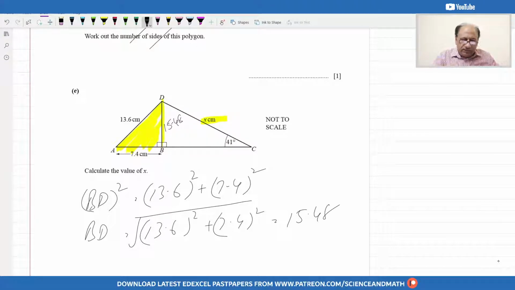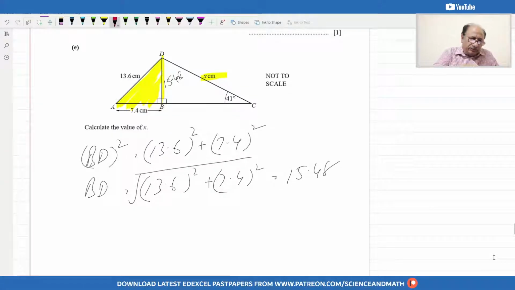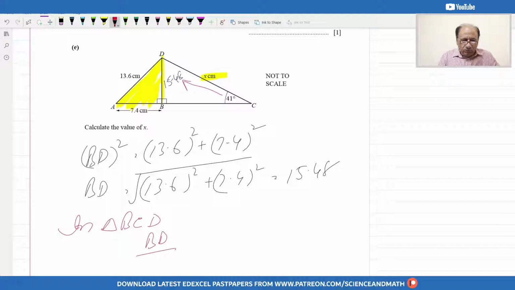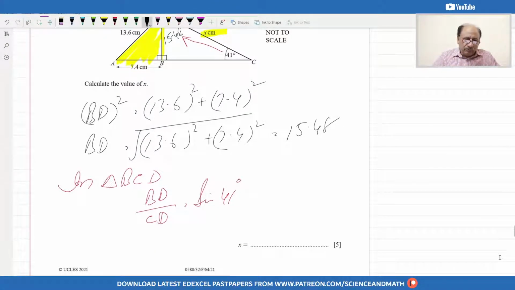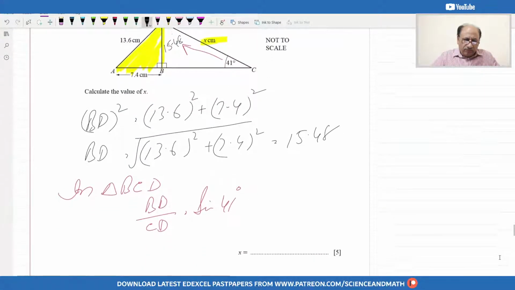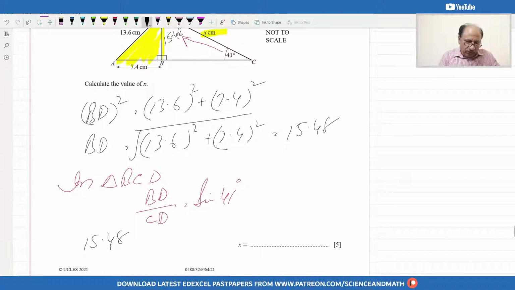After finding the BD length, now we can apply trigonometry on triangle BCD. This will be opposite over hypotenuse. So BD over CD will be equal to sine of 41 degrees. BD is basically 15.48, so we can write 15.48 over CD is equal to sine of 41 degrees, and we can solve this.